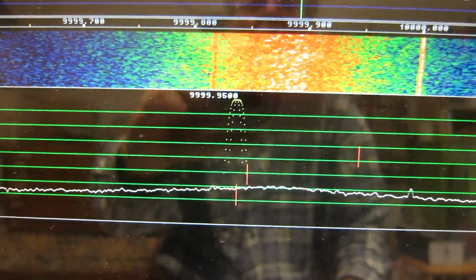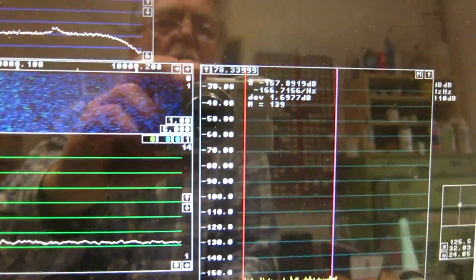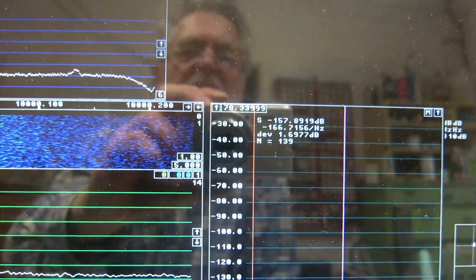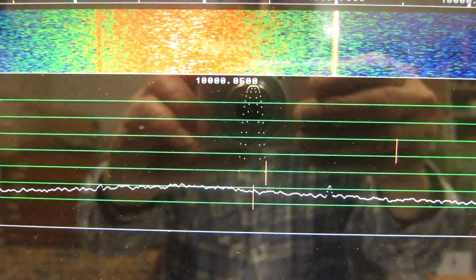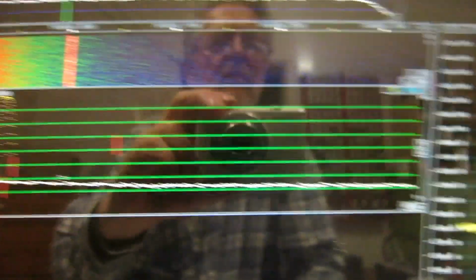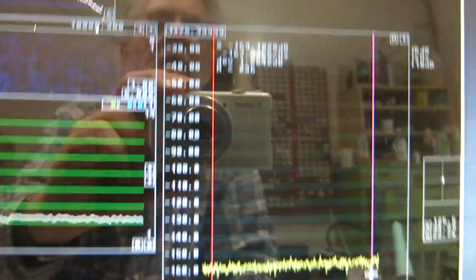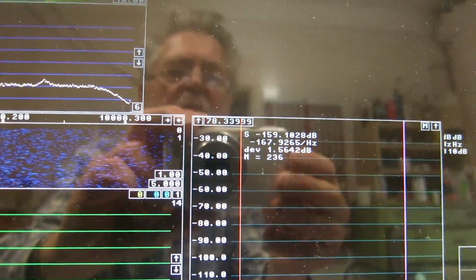50 Hz below 10 MHz, the noise is minus 166.7 dBm per Hertz. 50 Hz above 10 MHz, I see, from here to here, minus 167.9.